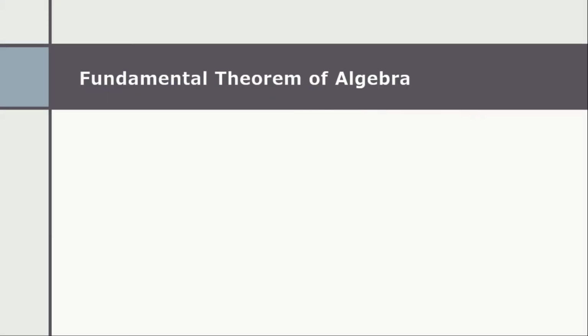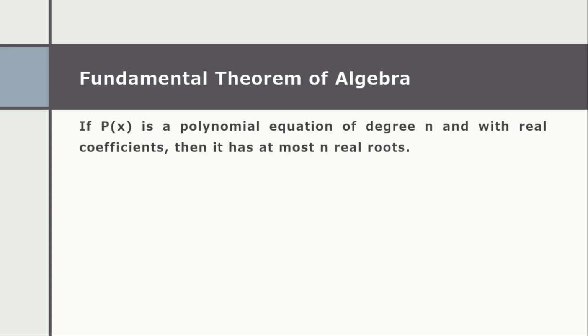Now, you've learned what a polynomial equation is. But how do we determine the roots of a polynomial equation? Before we talk about that, one important note that you need to remember when identifying the roots of a given polynomial is the fundamental theorem of algebra, which states that if p of x is a polynomial equation of degree n and with real coefficients, then it has at most n real roots.